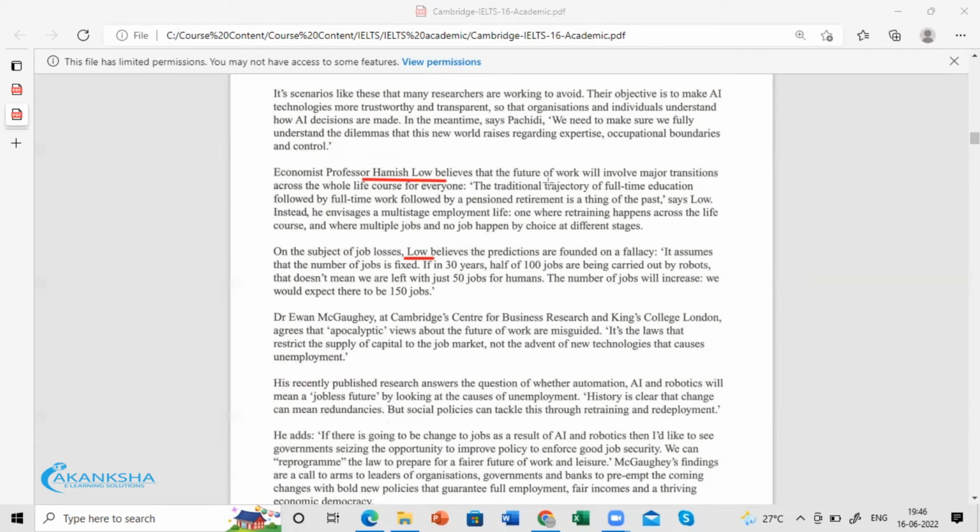Hamish Low believes that the future of work will involve major transitions across the whole life course for everyone. The traditional trajectory of full-time education followed by pension retirement is a thing of the past, means it is going to change.